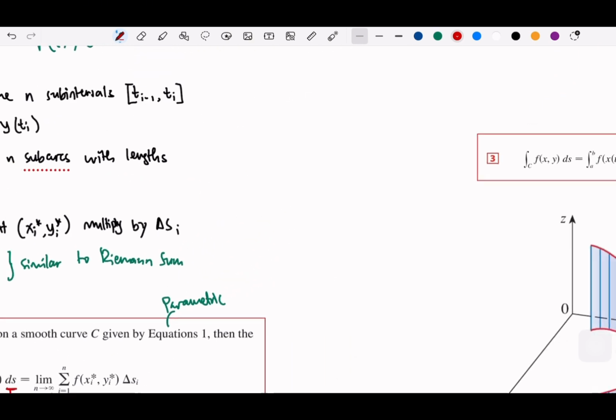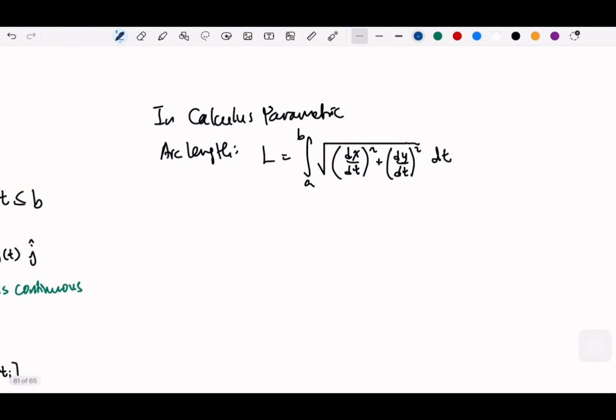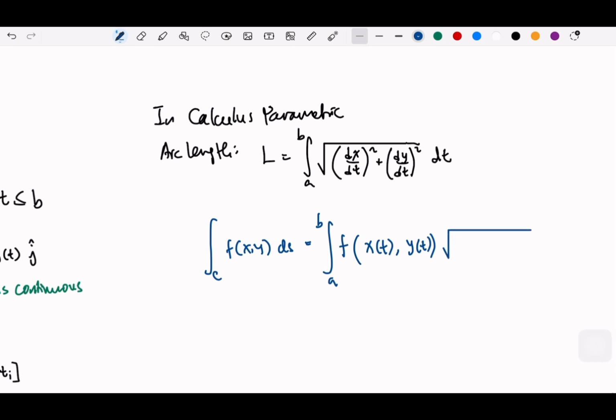So the line integral becomes an integration from a to b, where we substitute using t with the parametric equations, and ds we just put all of this inside. And basically this is valid for integrations with respect to t.